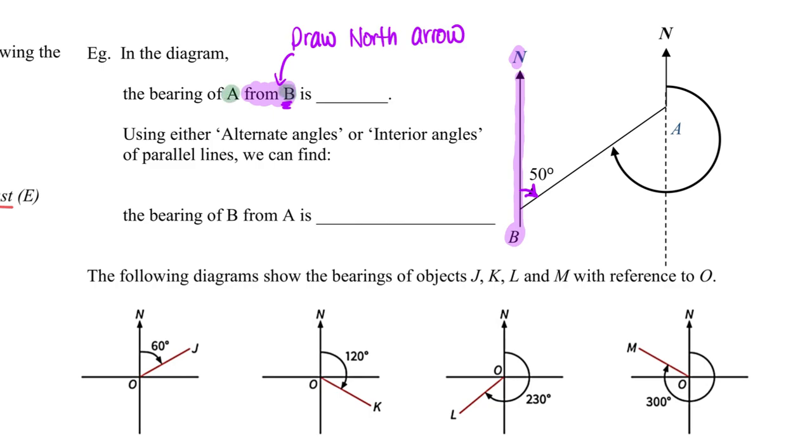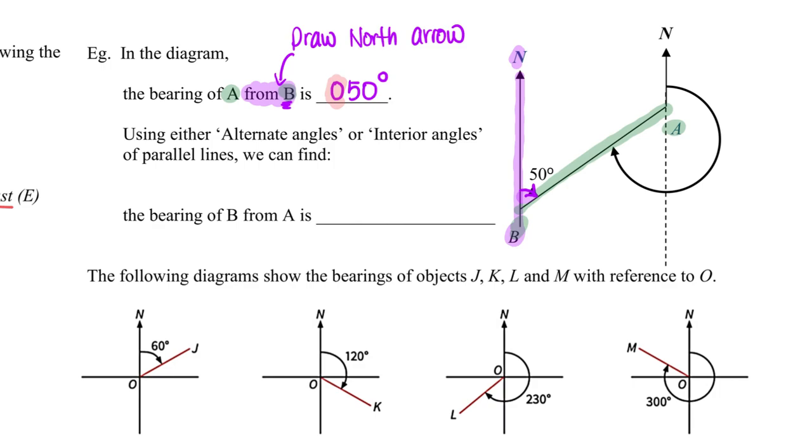Notice A and B make the line that we will draw, such that now we can see this angle already, 50 degrees. Do take note to write in 3 digits. We add an extra 0 in front. This is only for bearing. That is the key, 3 digits.